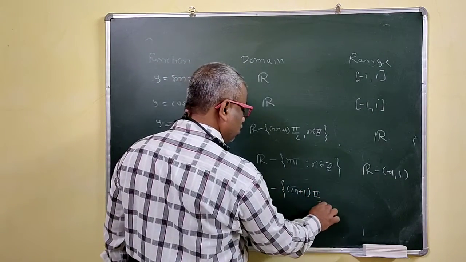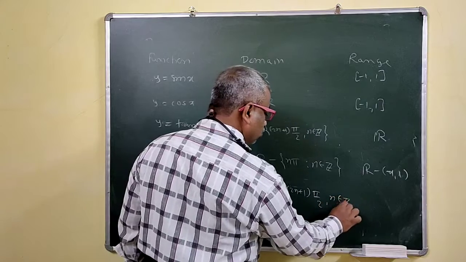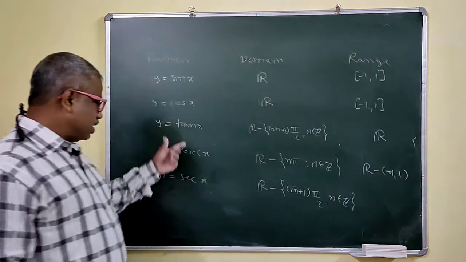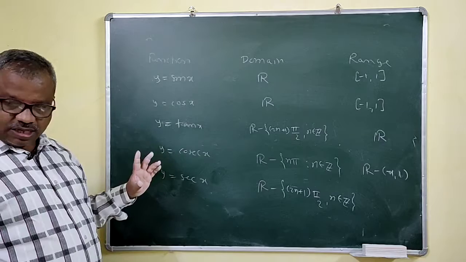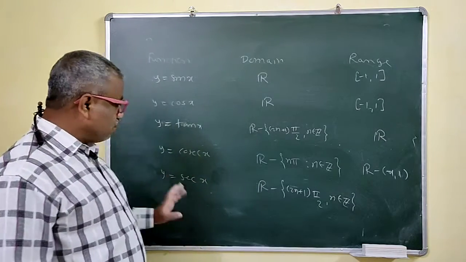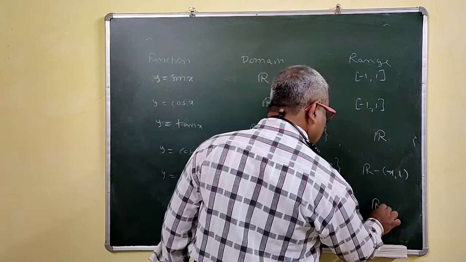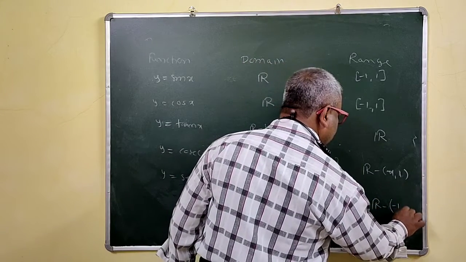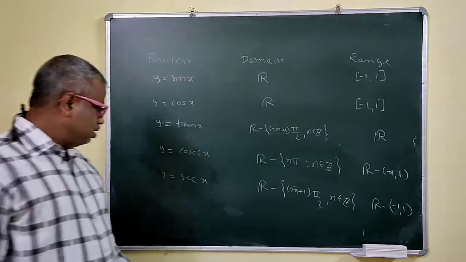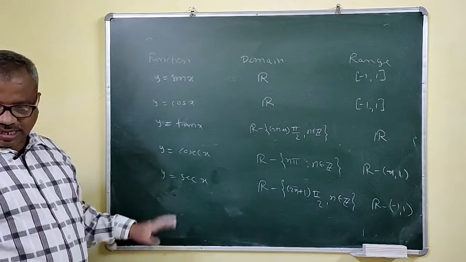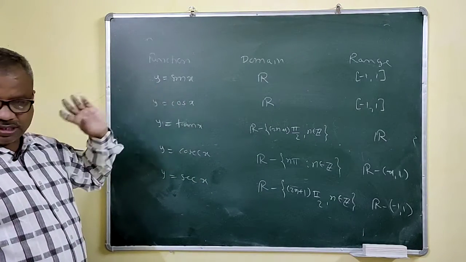So the domain of tan x and sec x are the same, and the domain of cosec and cot will be the same. The range of cosec x and sec x are the same, and the range of sin x and cos x are the same.